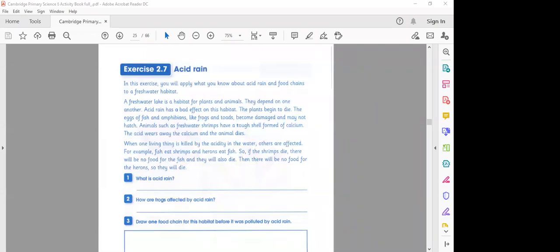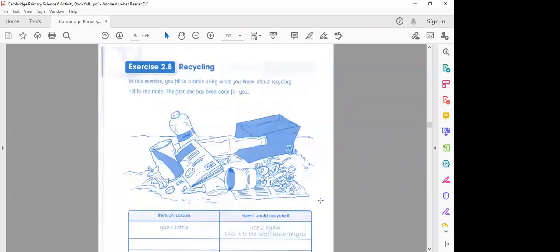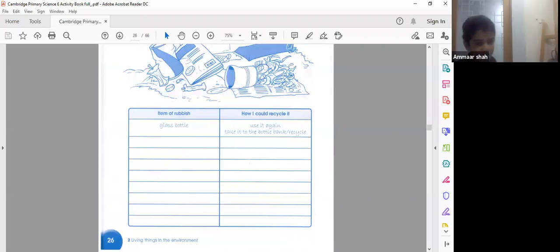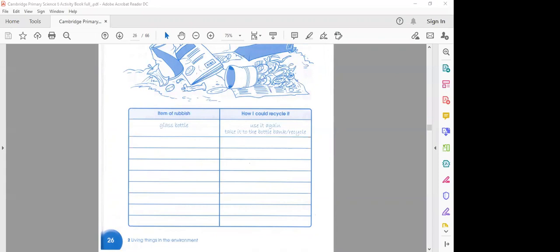Okay, next, 2.8. Ma'am, I didn't get all the examples to write in the table. There are some empty spaces.